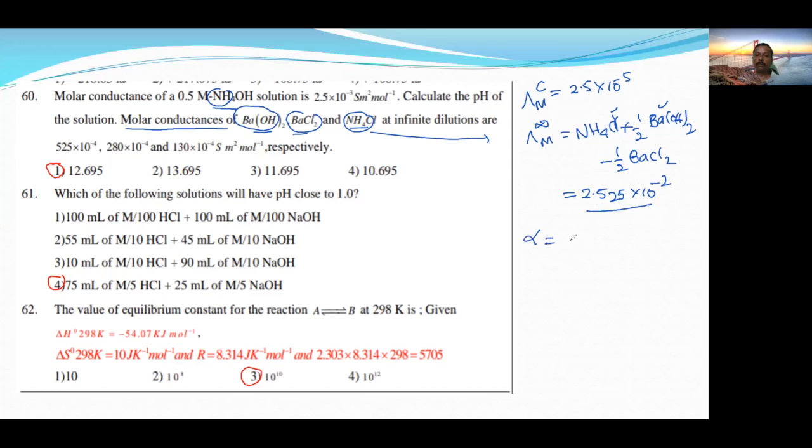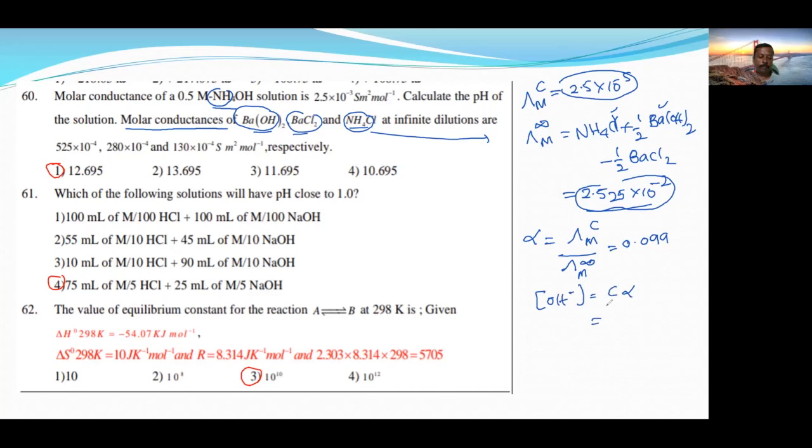Now the degree of dissociation is the molar conductivity at the given concentration over the molar conductivity at infinite dilution. See here, 2.5 and 2.5 are almost the same. So the degree of dissociation will be approximately 0.099. Understood? Now what is the concentration of OH minus? Simply C alpha.